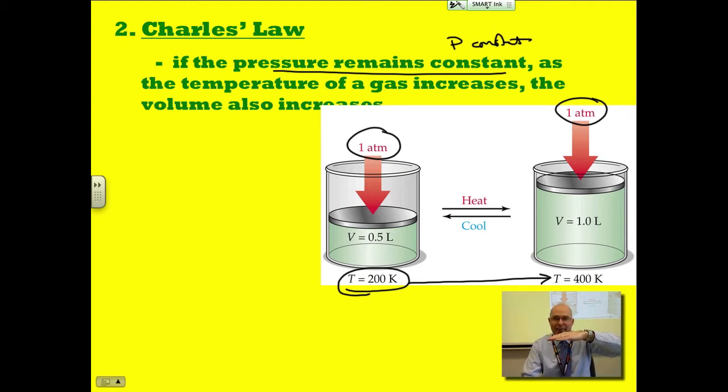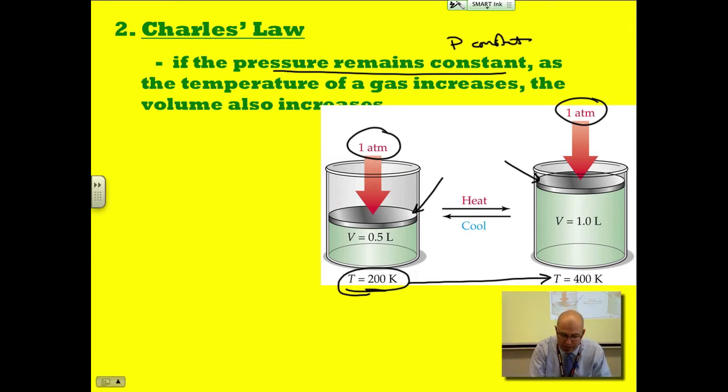Because there's no change in pressure on the exterior of this container, the molecules are moving around faster. They're slamming up against the lid, I guess you could say, the covering of this container. And so because they're moving faster, they're expanding the volume.